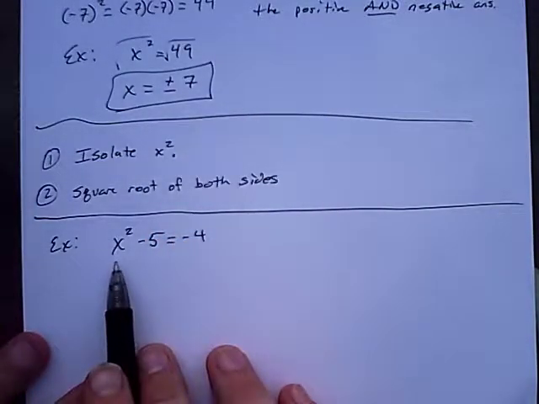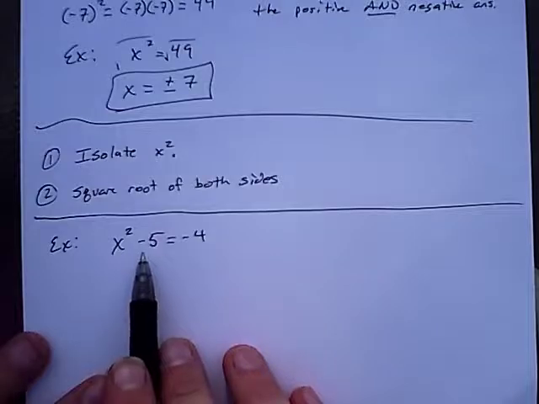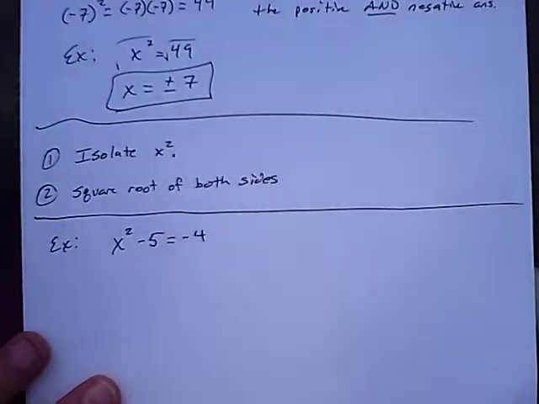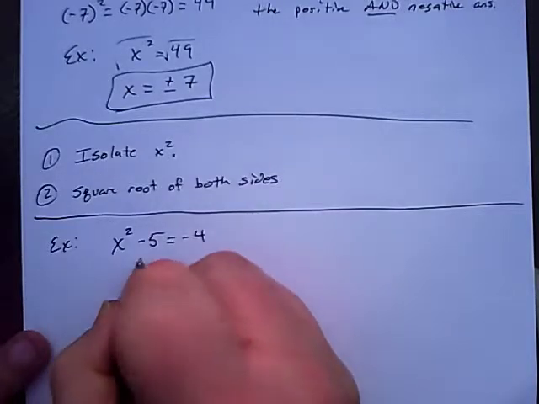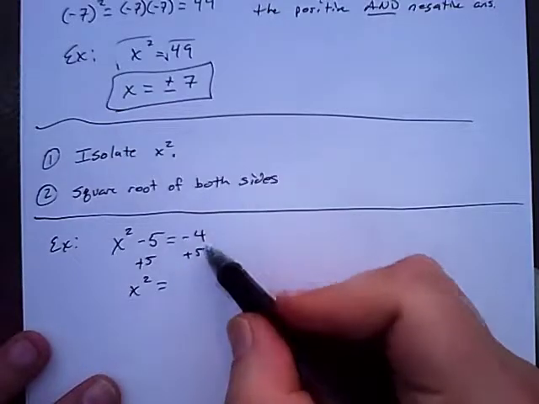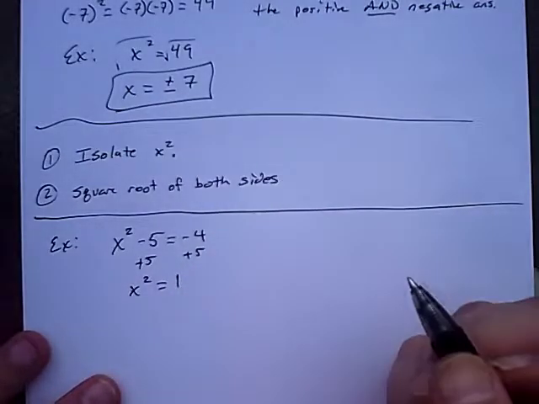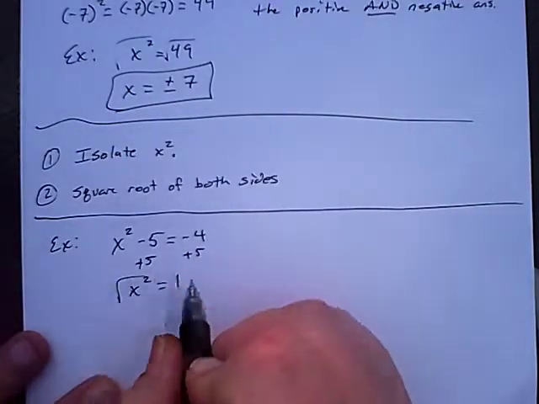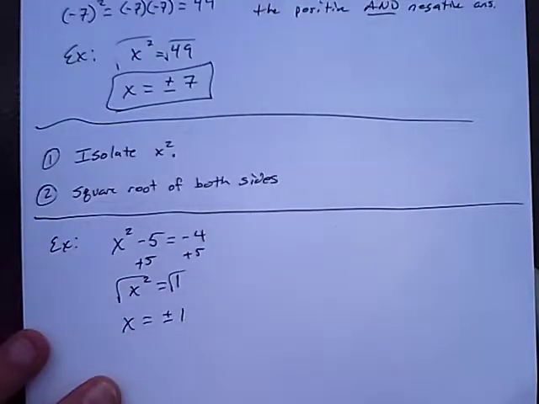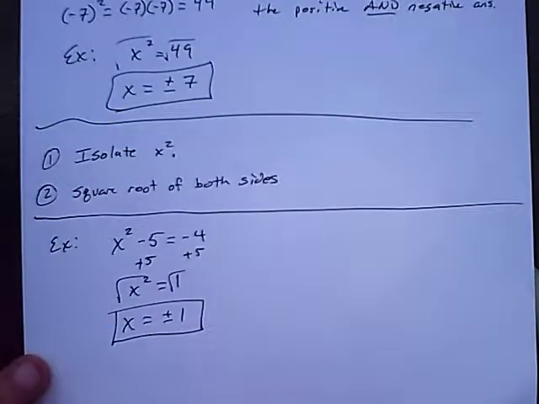I want to get x squared by itself first, so I have to add 5 to both sides. I get x squared equals negative 4 plus 5, which is 1. Now I square root both sides, and I get x equals plus or minus 1. And I'm done. That's as far as I need to take it.